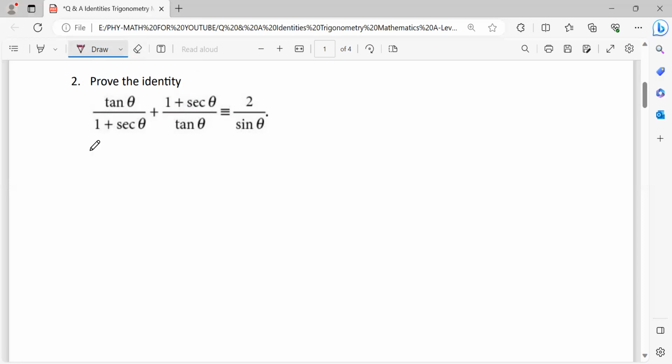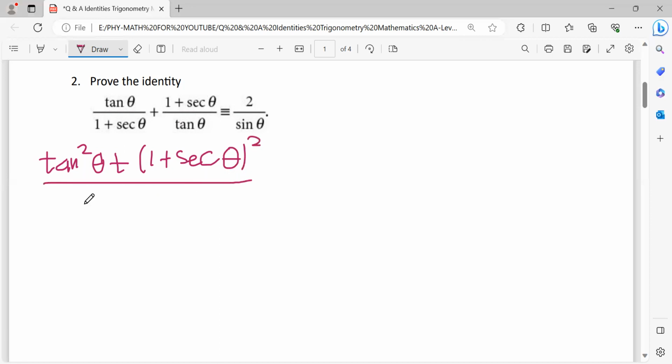If we multiply tangent theta times tangent theta, it's going to be tangent theta squared, plus 1 plus secant theta squared, over 1 plus secant theta times tangent theta.